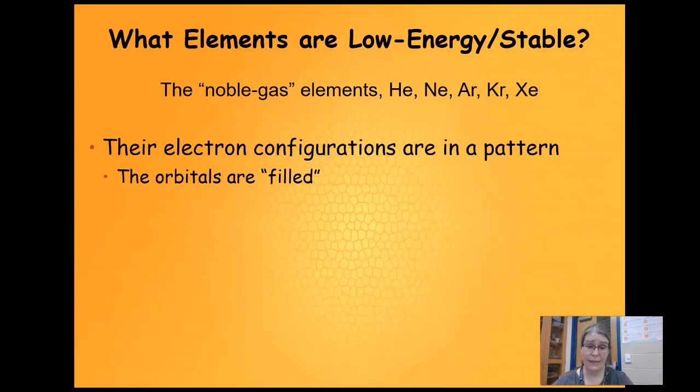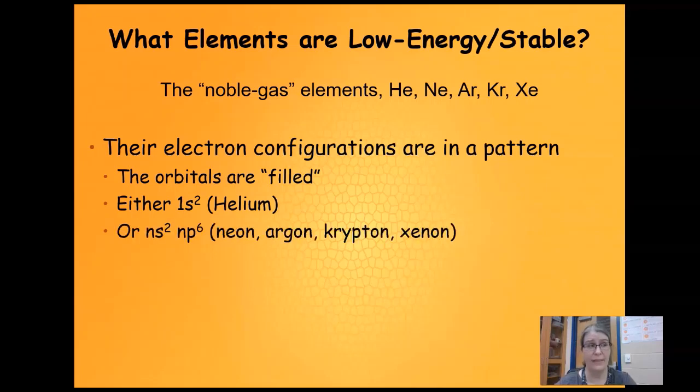So for helium, which is our one exception to the pattern, the only orbital available is the 1s orbital, but it is filled, so it behaves very similarly to the rest of the noble gases. The rest of the noble gases have that full valence shell of s2p6. So using an example of neon, neon is 1s2, 2s2, 2p6.